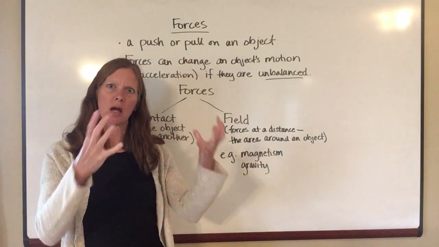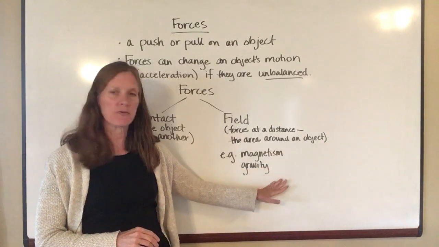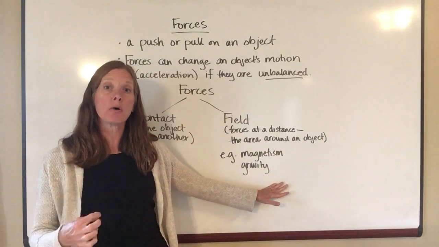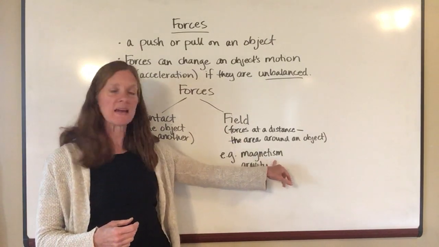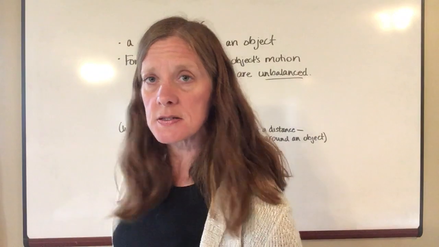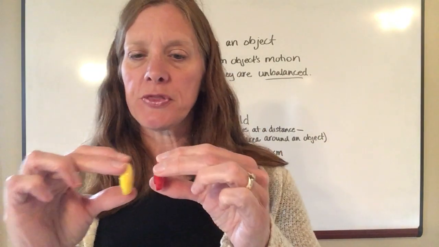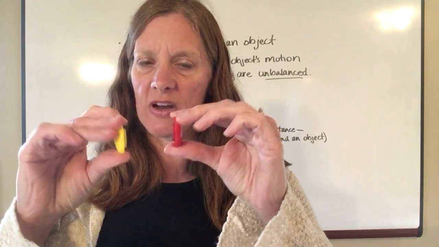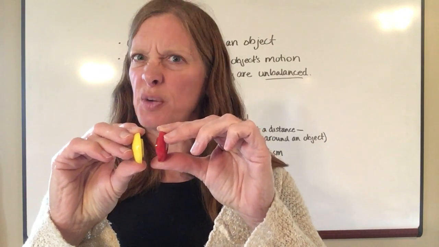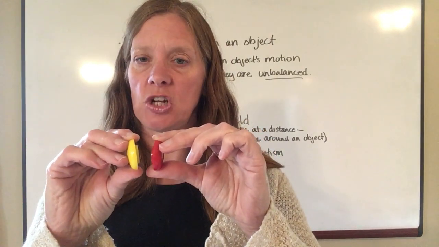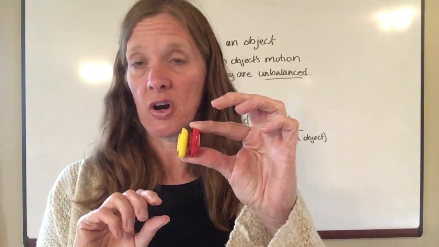Now, you can also have field forces, and those are forces that act at a distance, and it has to do with the area around an object. There are probably two main forces that you're going to be most familiar with. There are others. An electrical field force is an example. But magnetism, if you've ever played with magnets, you're probably familiar with the fact that if you go to put them together a certain way, like if I take these two magnets and I try to push them together this direction, I get them this close and I can feel that they're pushing back on each other and they don't want to touch each other unless I take this magnet and I flip it over, and in that case they'll stick together very nicely.